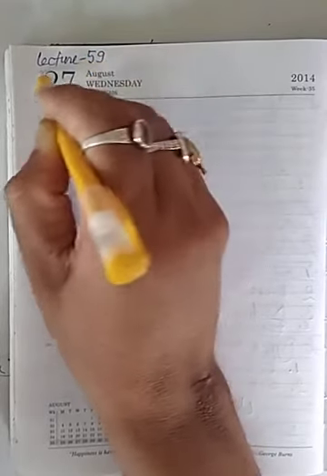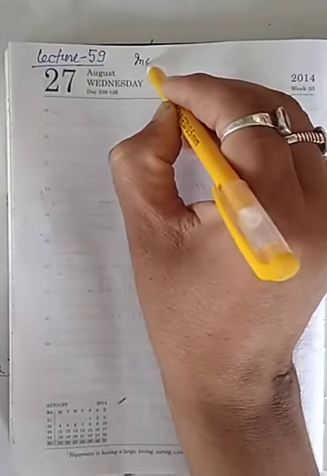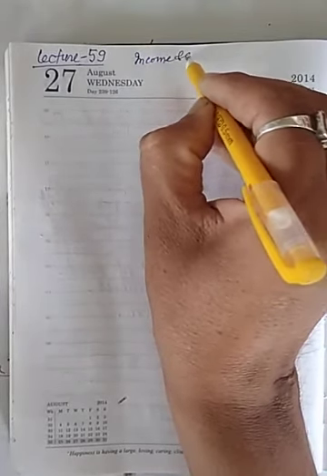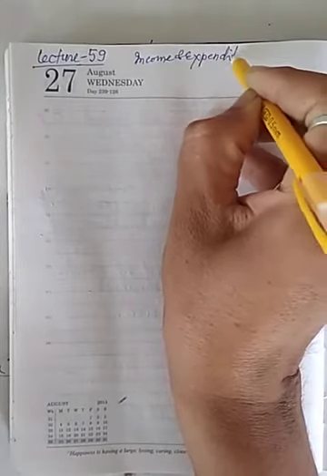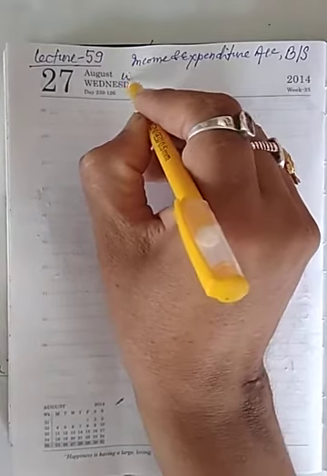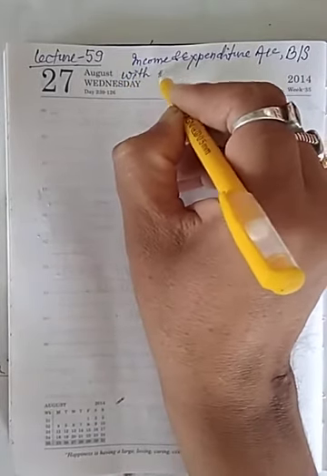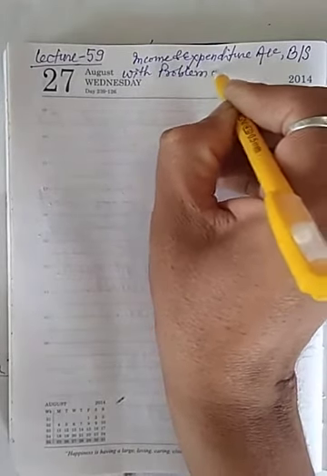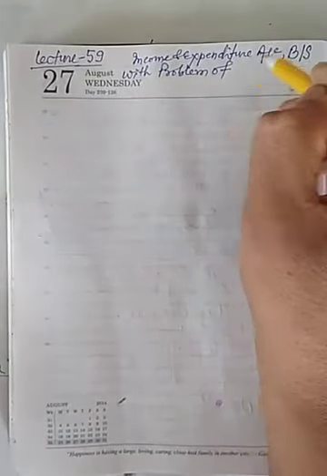Today I am going to explain my lecture number 59. This lecture will be based on income and expenditure account, balance sheet, and the problem of goods consumed during the year.